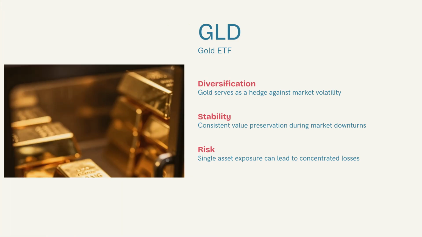So why do we choose gold? So GLD, the gold ETF, is a single asset commodity based trading vehicle. It is highly liquid. It's very tradable for options traders. It provides diversification as it is a hedge against stock market volatility. So a lot of people flee to safety when stocks start to go down, which can push the price of gold up.